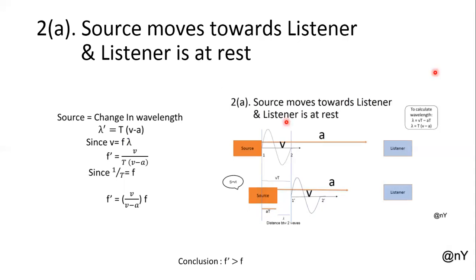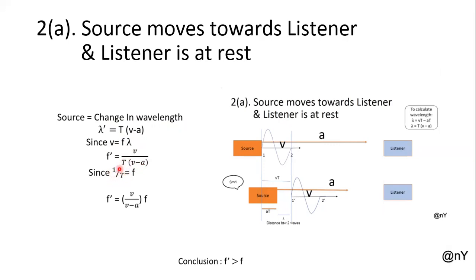So, in order to calculate the apparent frequency, since when the source is moving, we have a change in wavelength, that is T bracket V minus A. F is equal to V upon lambda. Since the listener is not moving, V is not changing. The lambda that has changed is T(V minus A).